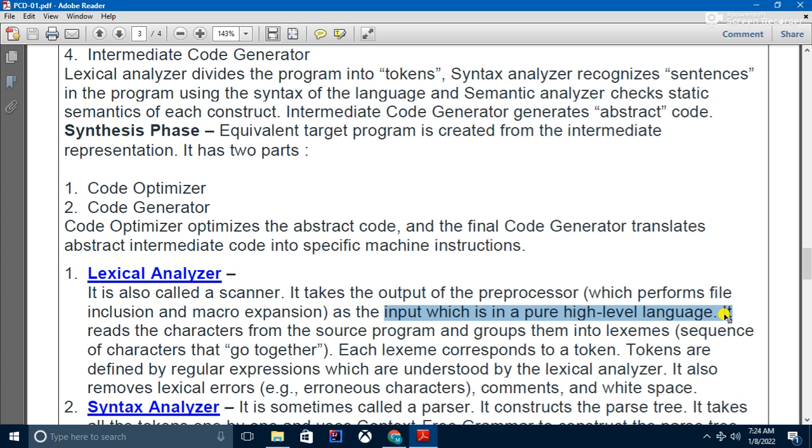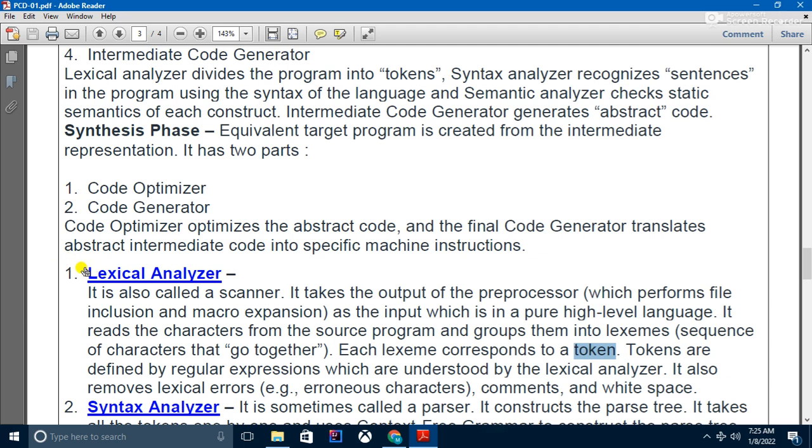Now the lexical analyzer reads the characters from the source program. It will read one by one all the characters which are present in that particular source program, and the next thing it does, it groups them into lexemes. Lexemes means sequences of characters that go together, and each lexeme is called a token.